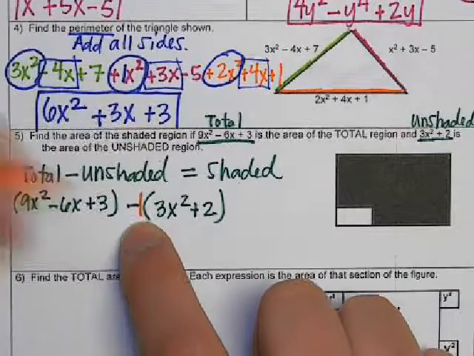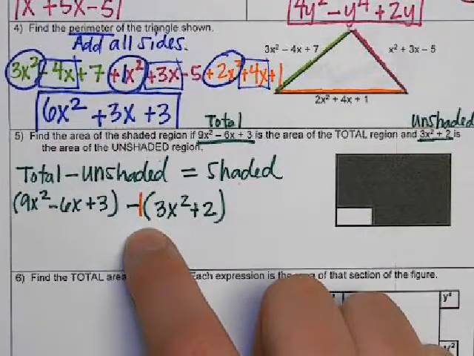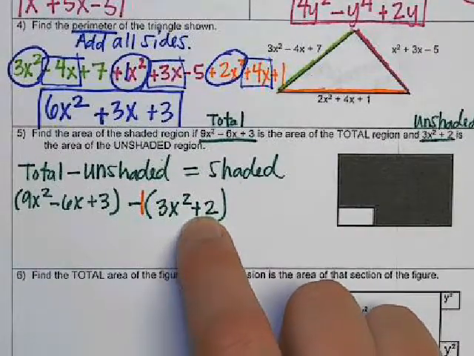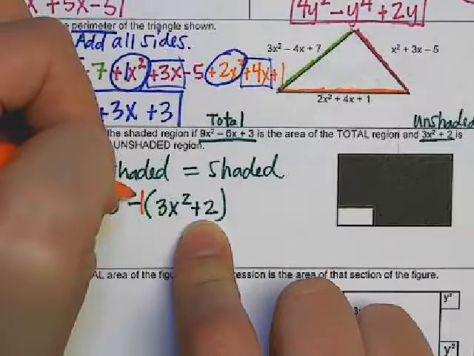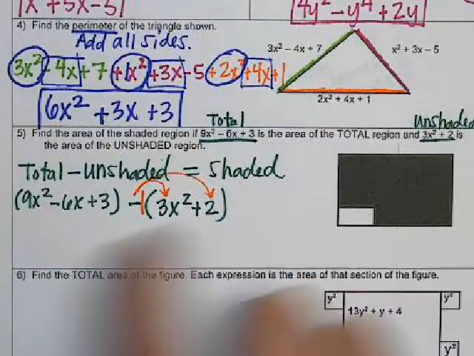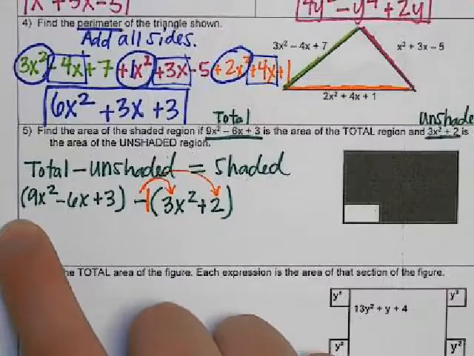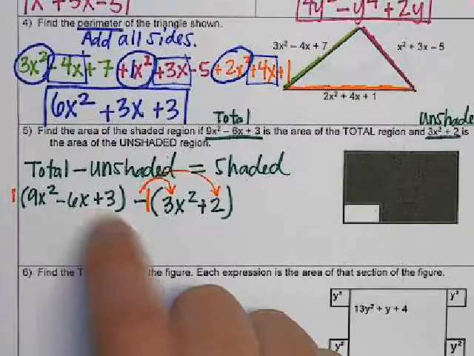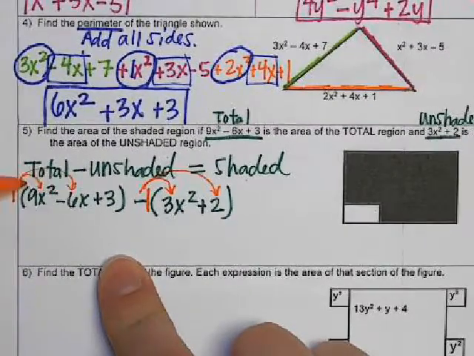A -1. If I didn't have the parentheses, that -1 wouldn't get distributed to the 2. So it's important that you put parentheses when you do subtraction problems. What gets distributed in the front? A +1. Does anything change in here? No. So 1 does not change anything.